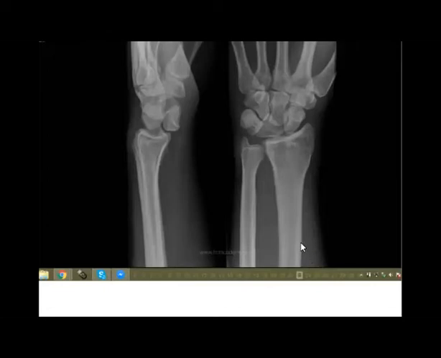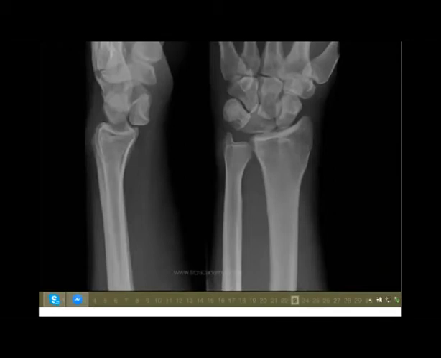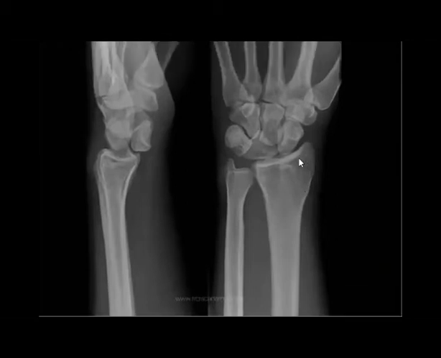You remember when we talked in the first season of musculoskeletal about the difference between the perilunate and the lunate dislocation, right? So now it's time to practice. Where is it, or what is this one?